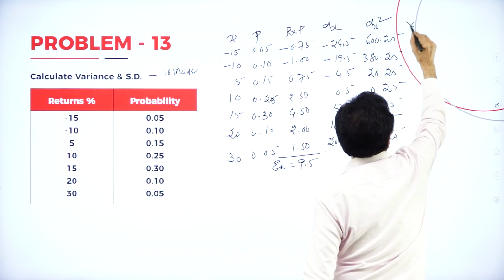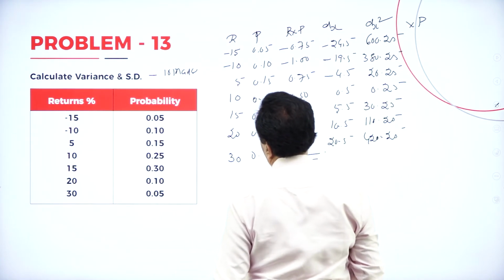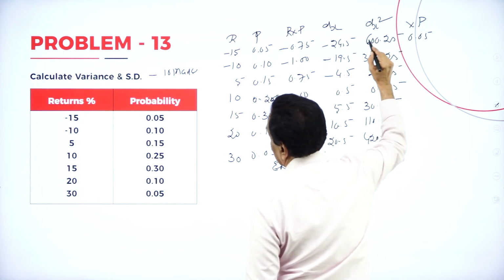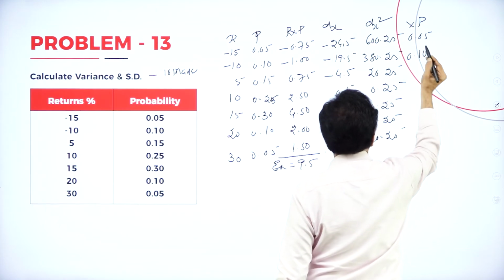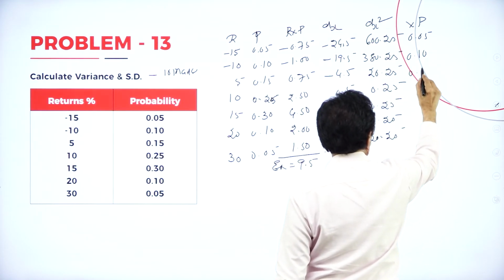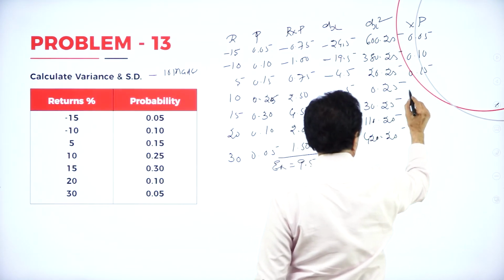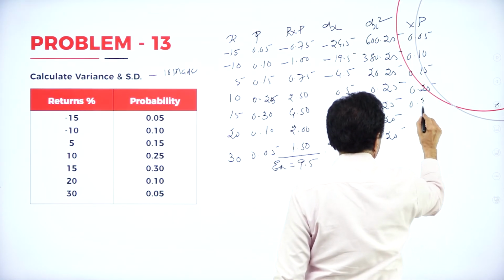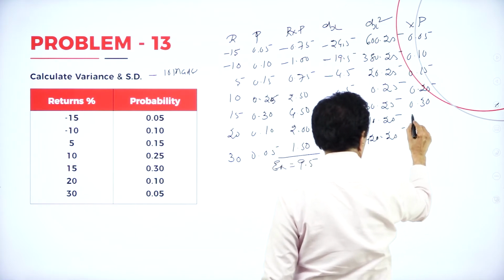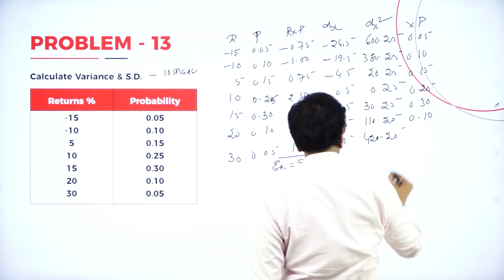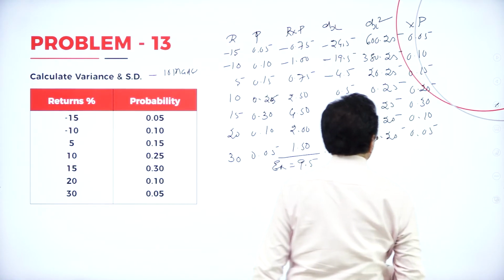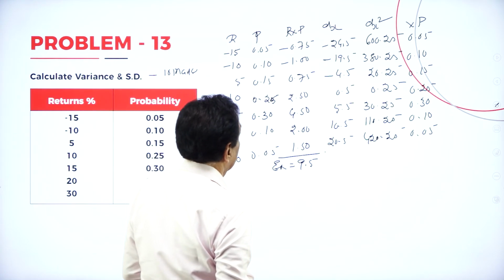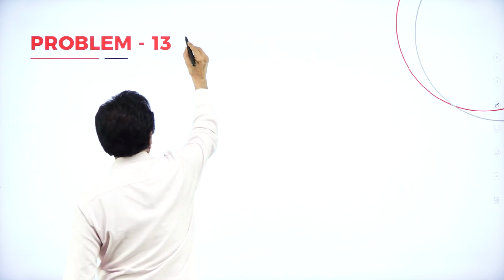Multiplied by P, probability: 0.05, 0.10, 0.15, 0.25, 0.30, 0.10, 0.05. Multiply, first one, P dx square.